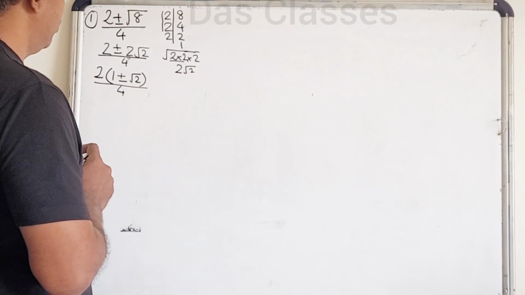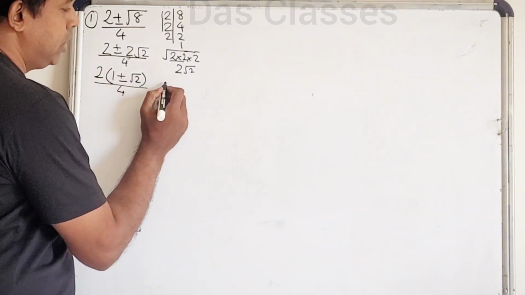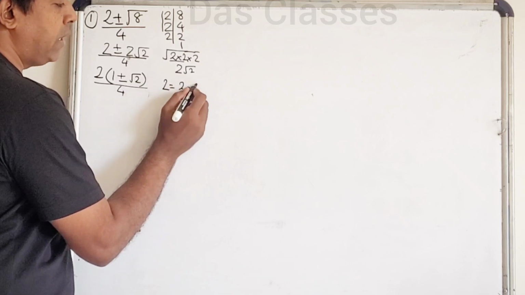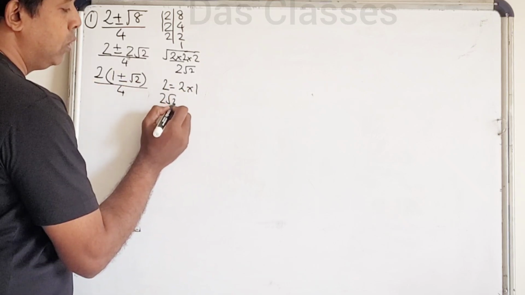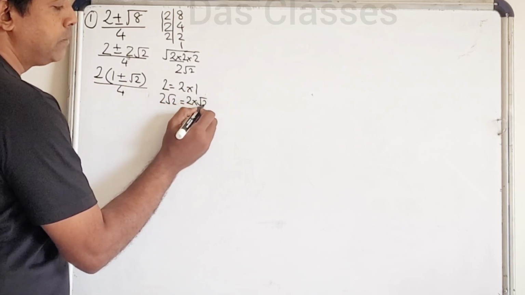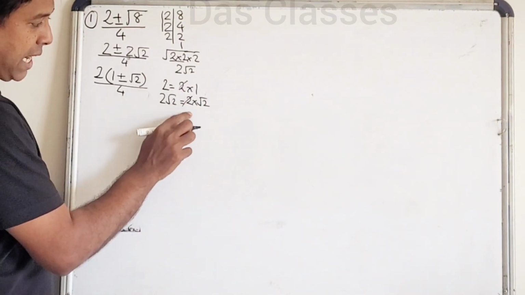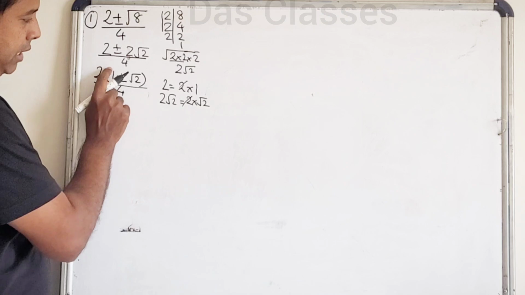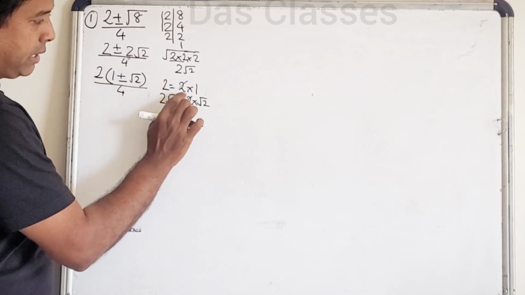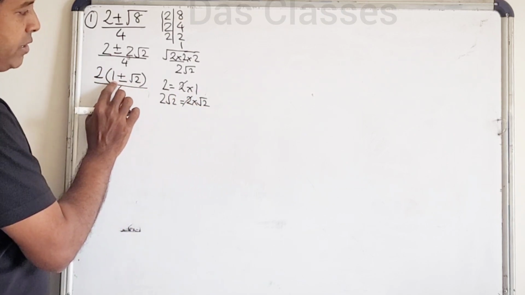Those who find it confusing, see how I took out the common: 2 means 2 × 1, and 2√2 means 2 × √2. Now 2 is common in both the terms, so I wrote it outside. Then I put a bracket, and in this 1 is left, so I wrote 1.